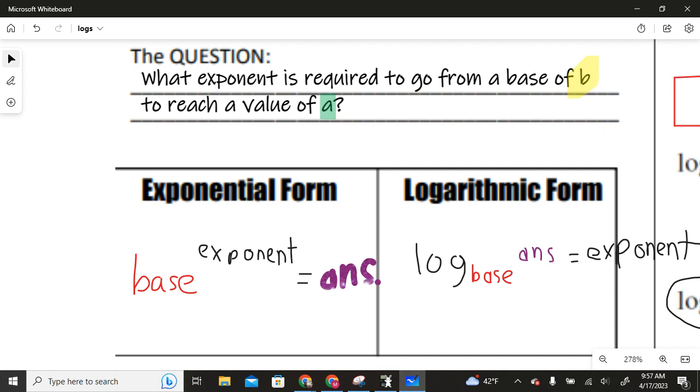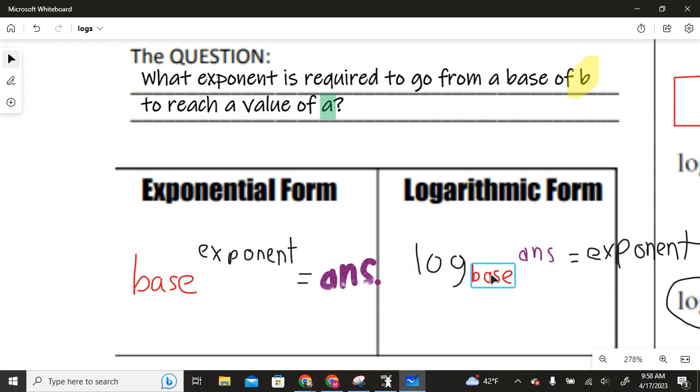All right. On the left side of this, we've got the exponential form. We've been dealing with that in the past, but now we're actually going to go through and expand on it. So we have some base to an exponent gives us our answer here in purple. The way that the log form is formatted is that we have the log to remind us that we're dealing with some sort of exponential.